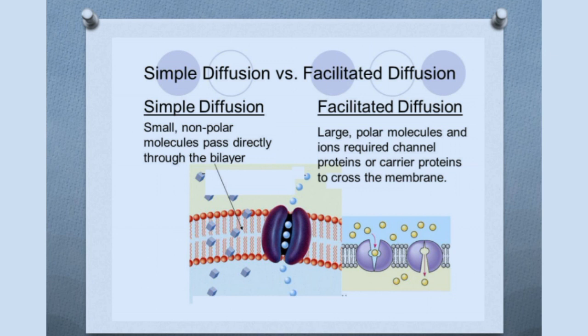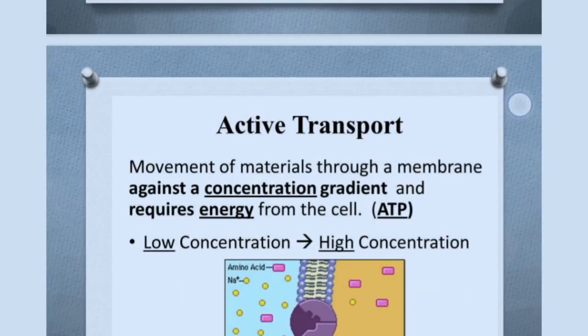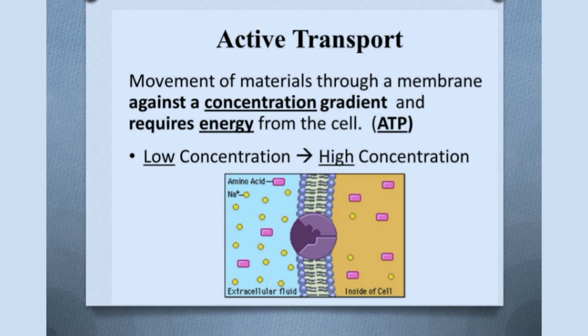In case of facilitated diffusion, the large polar molecules and ions require channel proteins or carrier proteins to cross the membrane. So this was the comparison between simple diffusion and facilitated diffusion. Now what is meant by active transport?